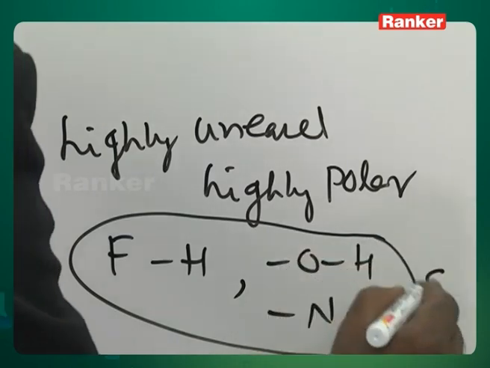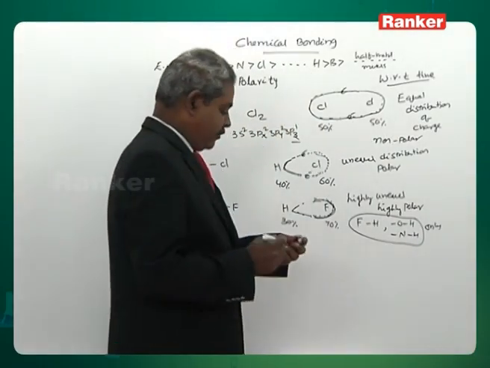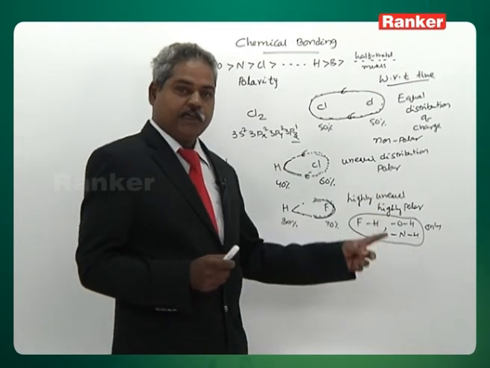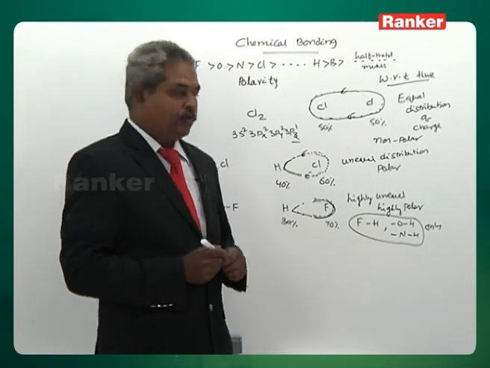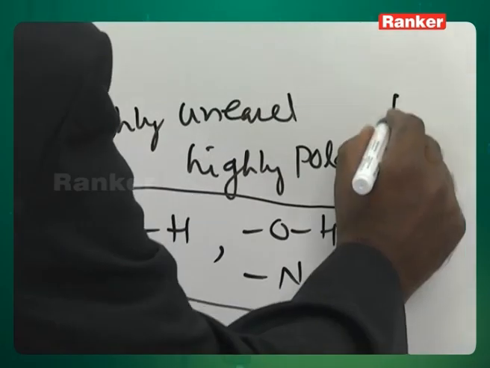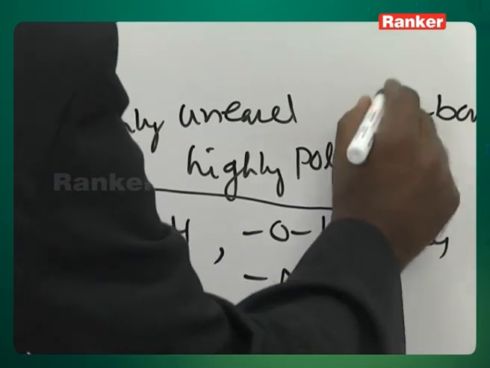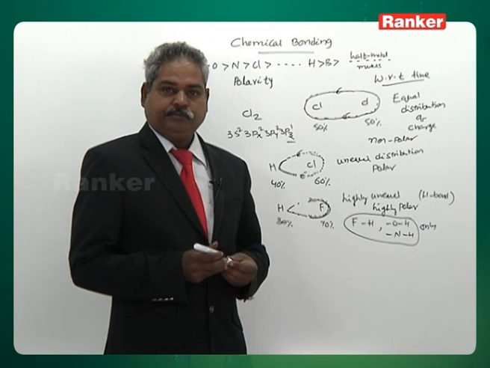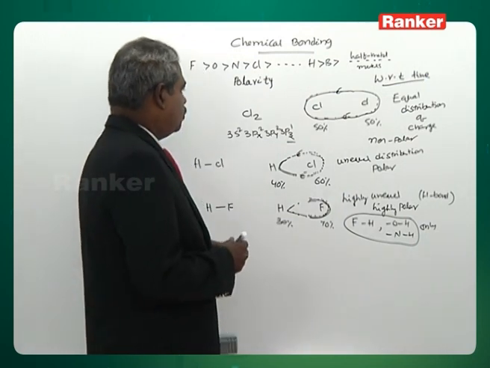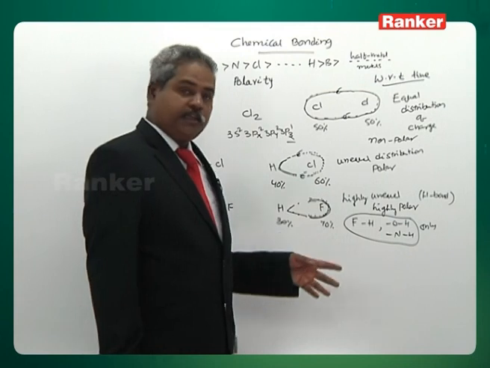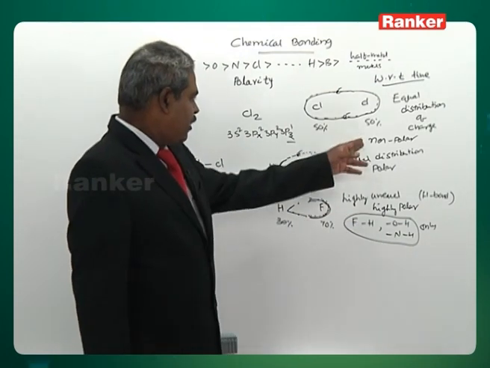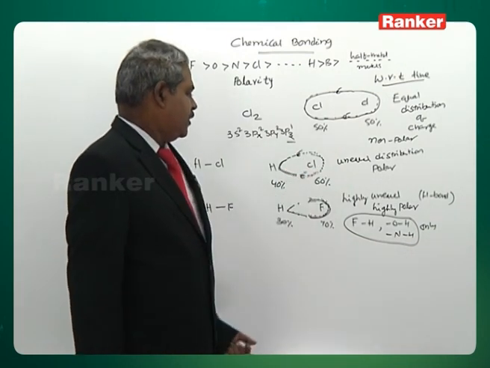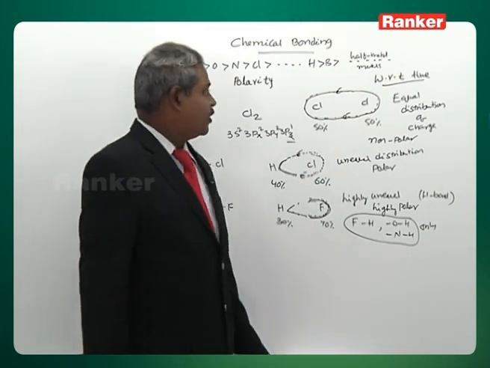Whenever there is a highly polar covalent bond, that is FH, OH, NH bond, that leads to what you call hydrogen bond, which we will discuss later. So, hydrogen bond is present only when an FH, OH, NH bond is present. Now, we have already seen three cases of covalent bond: non-polar, just polar with some inequality, and highly polar, which leads to hydrogen bond in the long run.